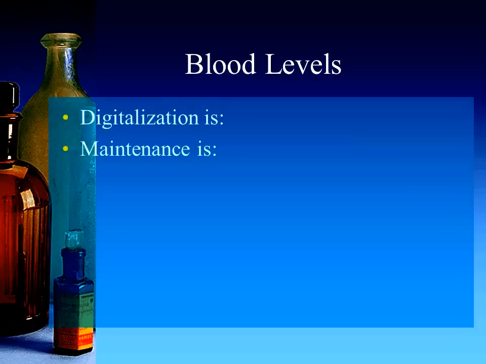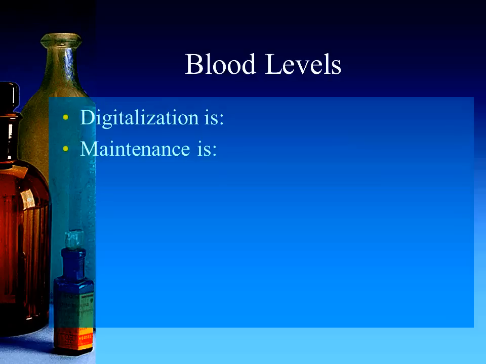If you've ever taken prednisone, where you get the large dose and then you taper it down, it's a very similar idea, except we just call that a loading dose. Digitalis is the only one where we call it digitalization.